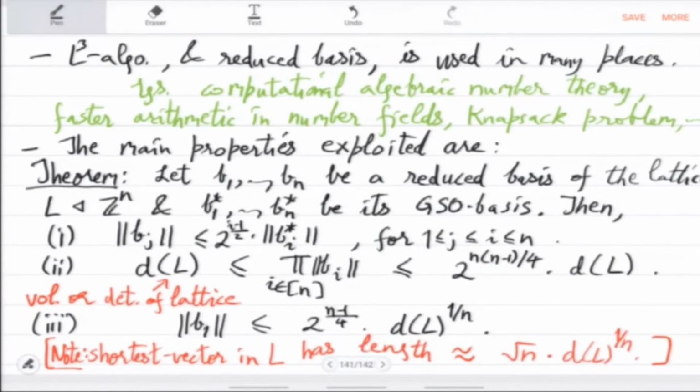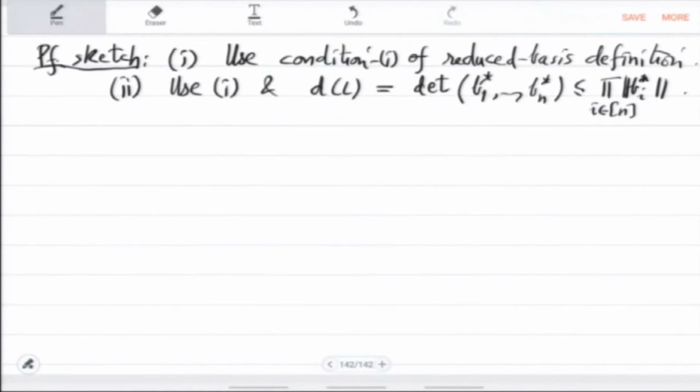Inequality 3 will follow by the ratios of the bi's.